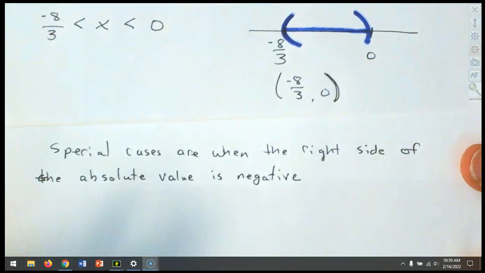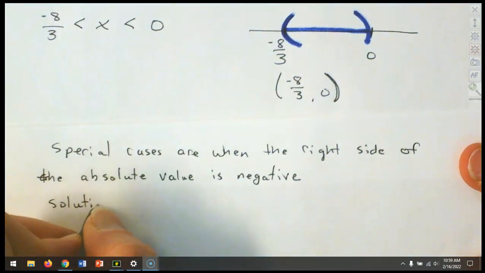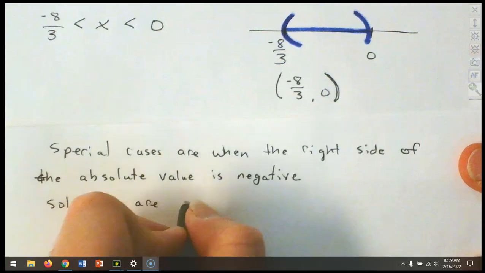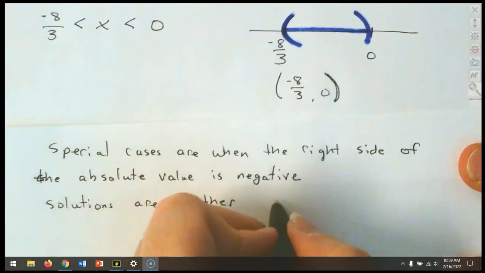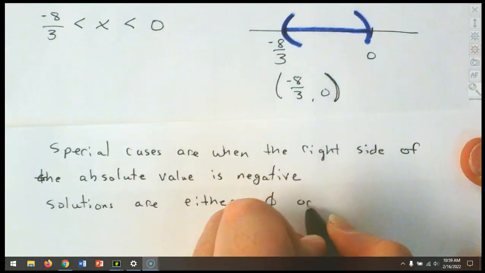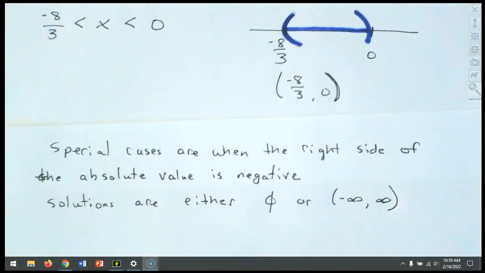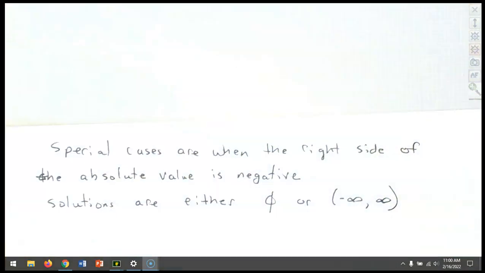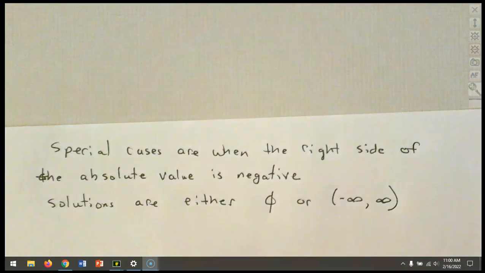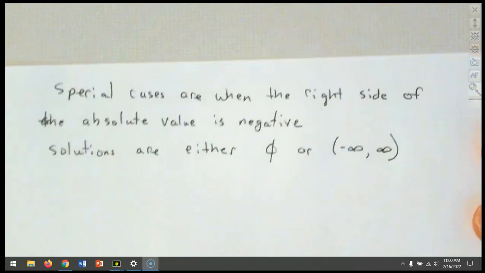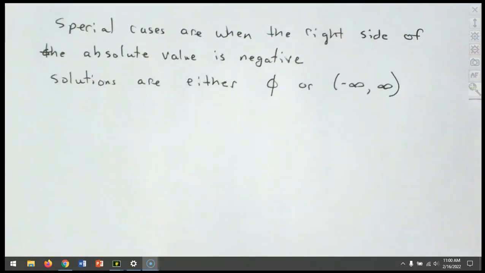And the solutions are either the empty set or everything. It's either nothing or all of it. These special cases are when the number on the right, outside of that absolute value, is a negative. And 0 falls into this too, but we'll deal with 0 by itself in a moment.